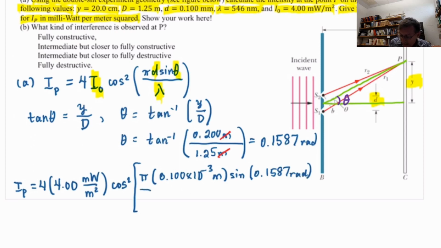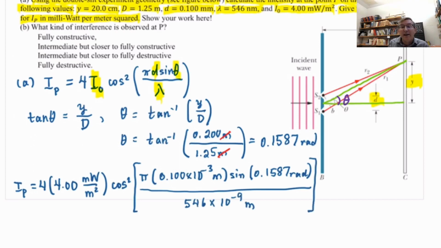Again, make sure your calculator's in radian mode, over lambda, the wavelength, 546 nanometers, 546 times 10 to the negative 9 meters. Note the unit of meter here cancels here. Again, make sure your calculator is in radian mode.